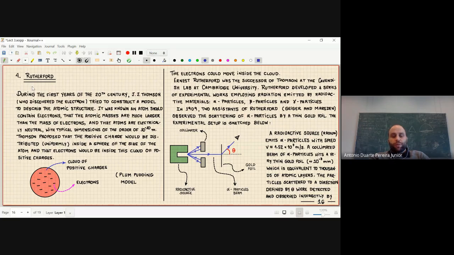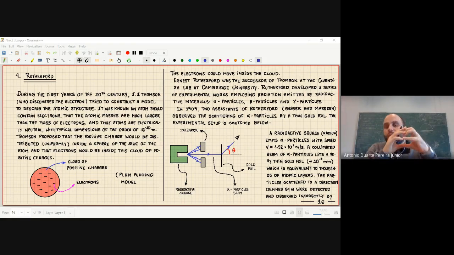Rutherford discovered that atoms have a nucleus, okay? People were aware of the existence of electrons, but they didn't know that the atom was formed by a cloud of electrons and a tiny nucleus, and the electrons were flying around this nucleus.